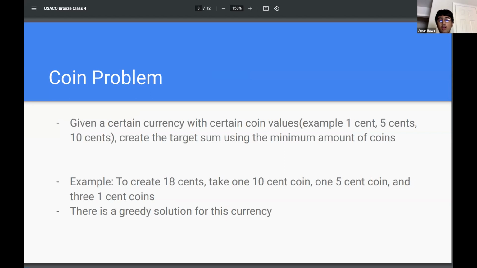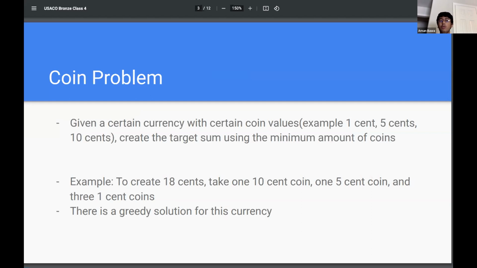As an example, let's say we tried to create 18 cents. Using a greedy strategy, we want to get the most cents possible, and get closest to our goal. The closest coin to our goal right now is 10 cents because it's not over our goal, not more than 18 cents, but it's also more than the rest. So we're going to take that one 10-cent coin.